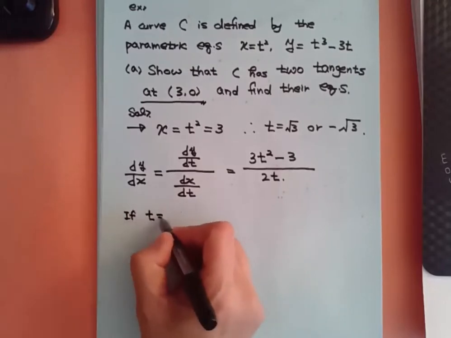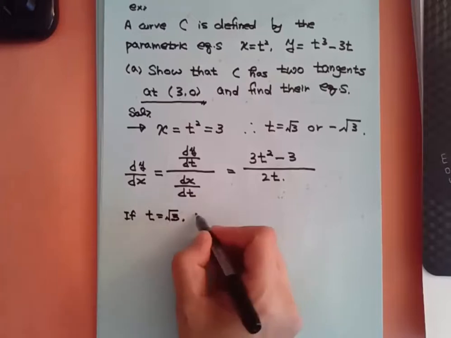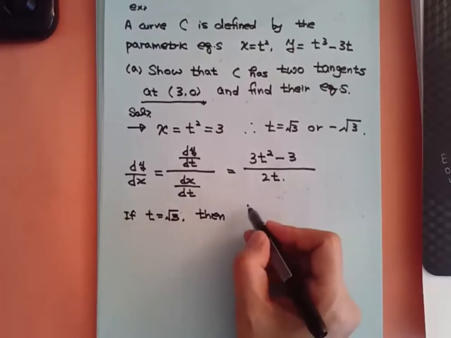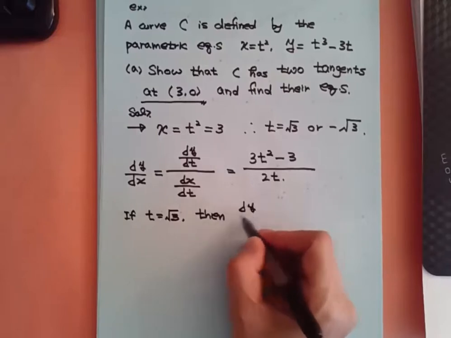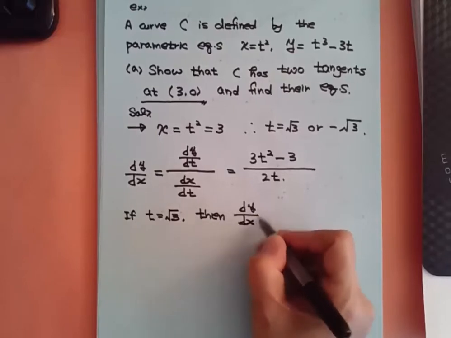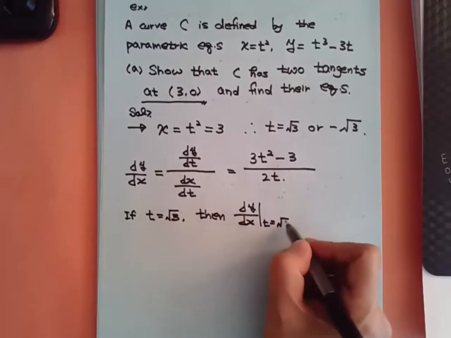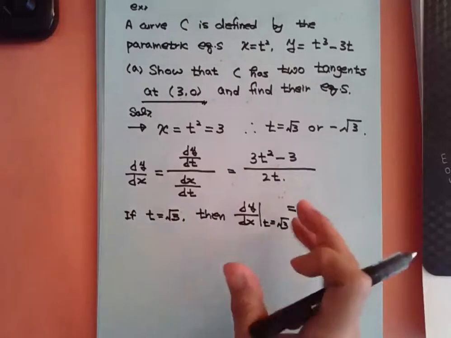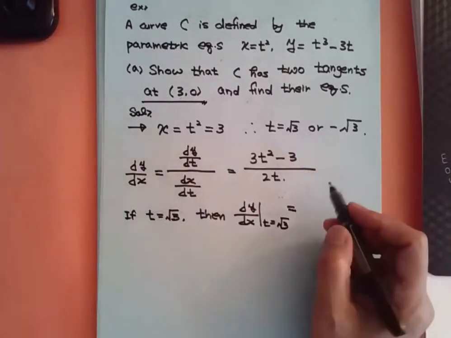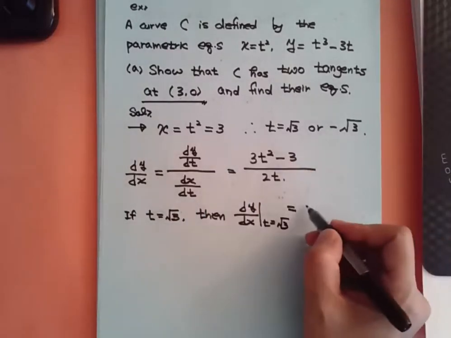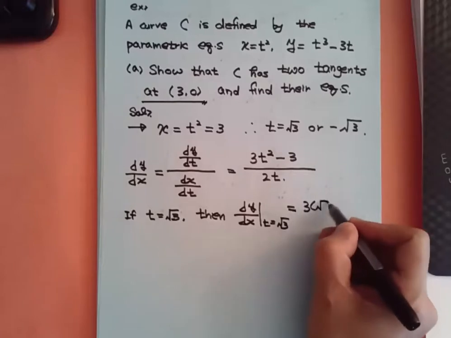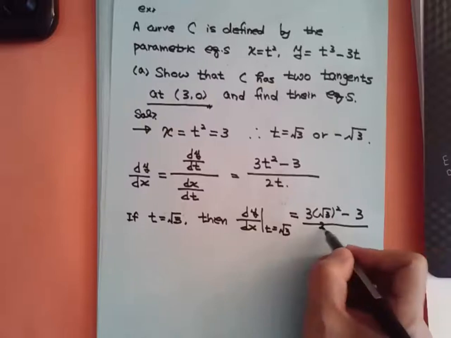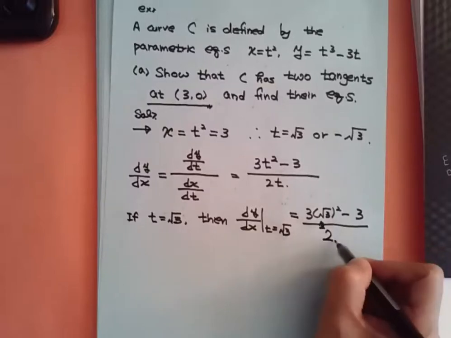If t equals square root of 3, the slope of the line at t equals square root of 3 will be, we just plug that in, 3 times square root of 3 squared minus 3 over 2 square root of 3.